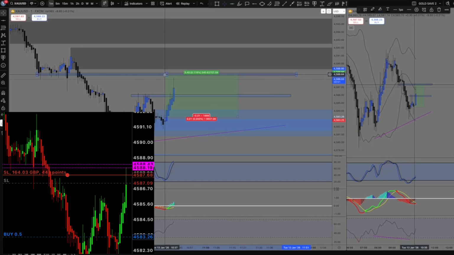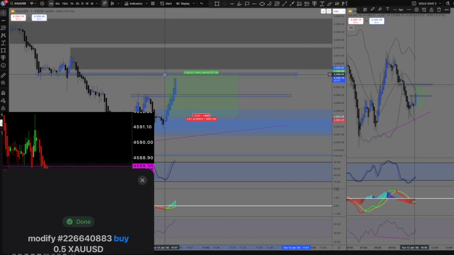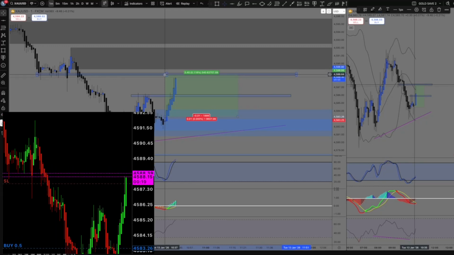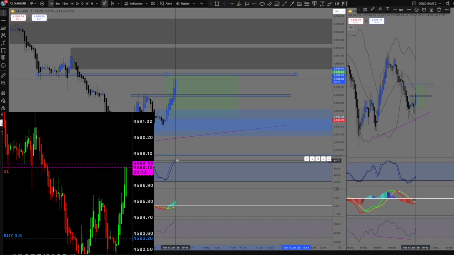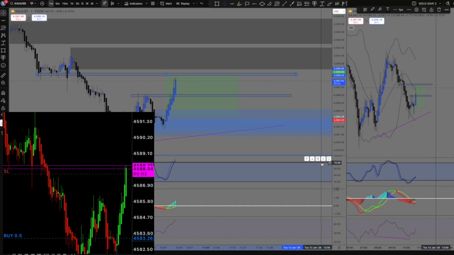So we're just trailing behind, making sure that we get as much out of this trade as we possibly can. You can see now the 1-minute stochastic is starting to be a little bit overbought. So we could see that pull back on the 1-minute, because the 1-minute's going to have to pull back and continue in order to get that 5-minute push. That's something to note when working with the 1 and the 5-minute time frames.